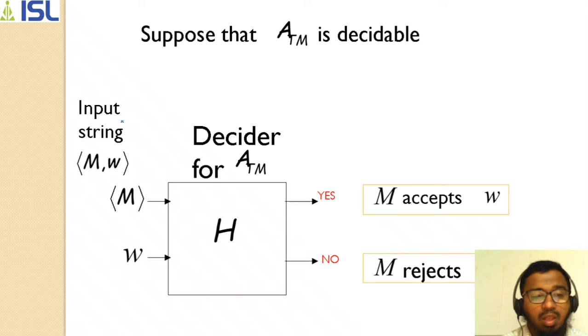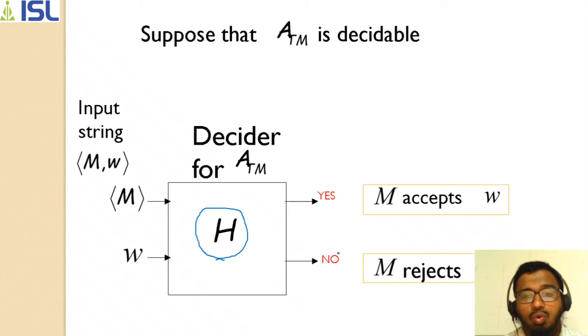The input string is M comma W, M and W. And this is a halting decider for ATM, that is H. It answers yes or no: M accepts W or M rejects W. With the help of the decider for ATM, we get the yes or no. Without taking the decider, we will not get yes or no. Okay, fine. So this is the input string.